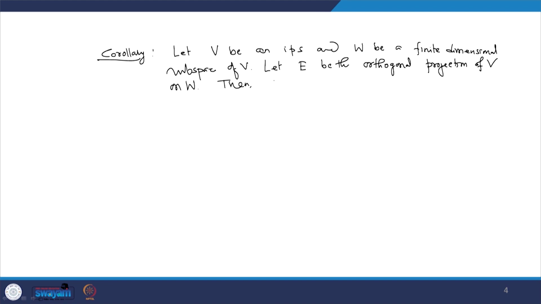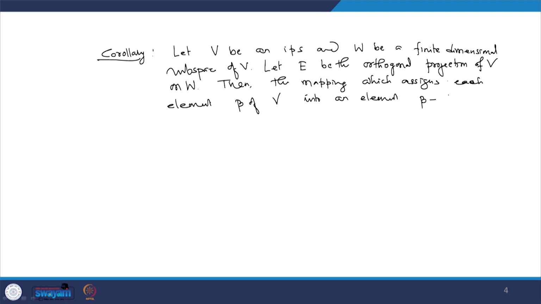Then the mapping which assigns each element beta of V into an element beta minus E beta is a function from V into W complement.